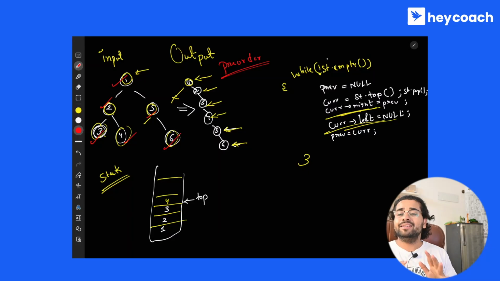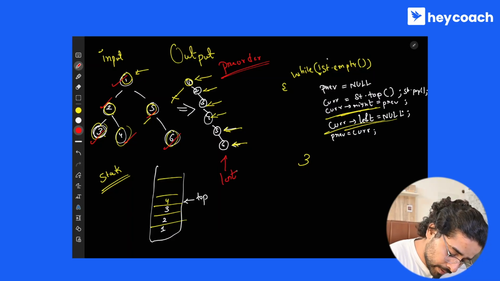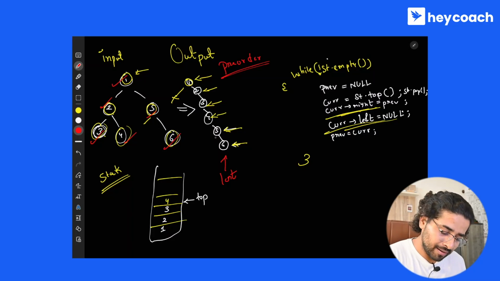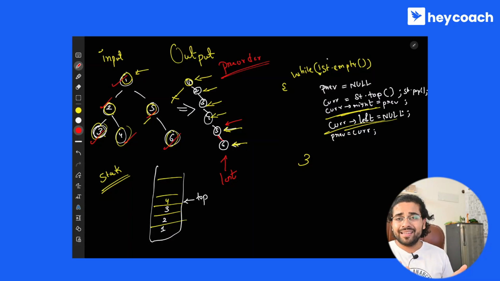We are maintaining the sequence in the stack. We are popping one element from the stack and making that element the last, and when the new element comes, we connect that last element to the new element, at the right side of it, and then the new element becomes the last element.